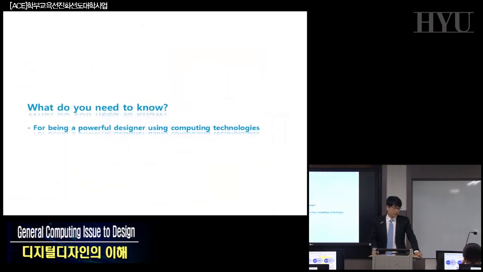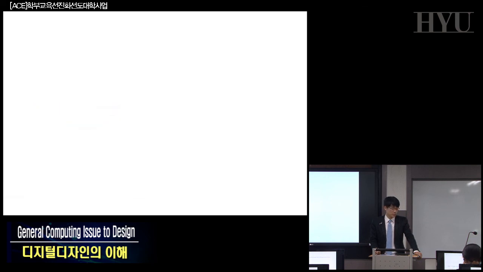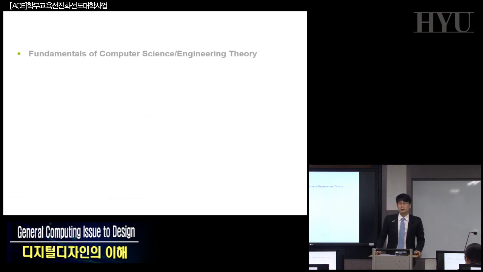So let me summarize what you need to know for being a powerful designer using maximum computing power. Firstly, we need to understand fundamentals of computer science and computer engineering, some theories, not all, some part of it, something that we need to know.